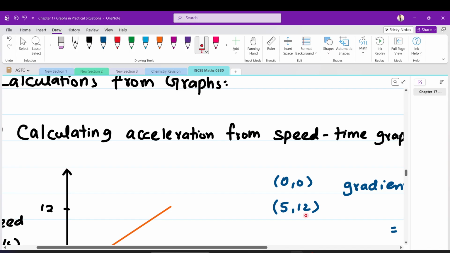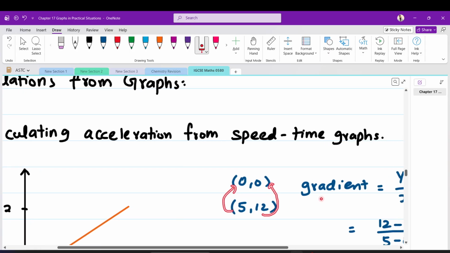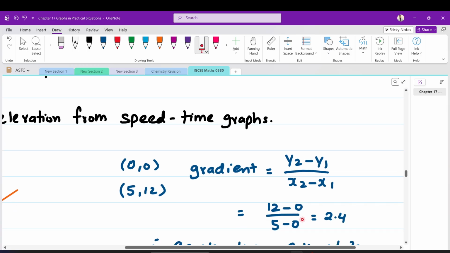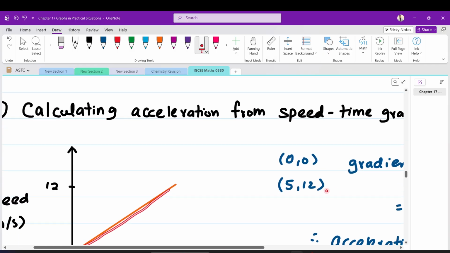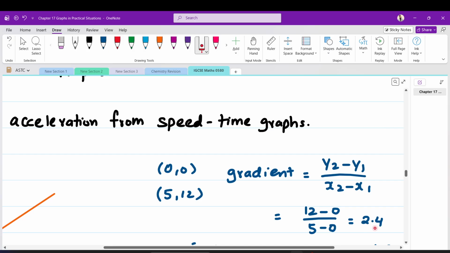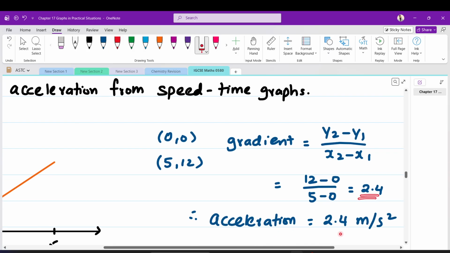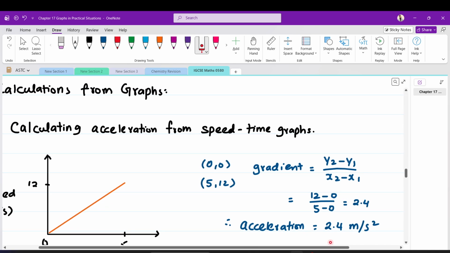That would be y2 minus y1 divided by x2 minus x1. So we have 12 minus 0 over 5 minus 0 gives us 2.4. The gradient is positive because it is going uphill. Therefore the gradient is 2.4, so the acceleration is 2.4 meters per second square. Whatever the value of gradient is, that will be your acceleration.